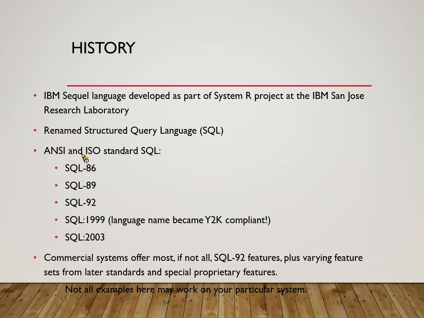ANSI and ISO also created standards for SQL, such as SQL-86, 89, 92, 1999, and 2003. Commercial systems offer most, if not all, SQL-92 features, plus various feature sets from later standards and special proprietary features. So not all examples here may work on any particular system.